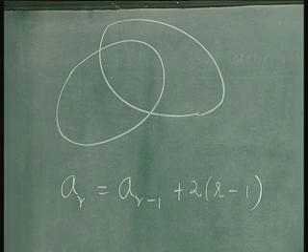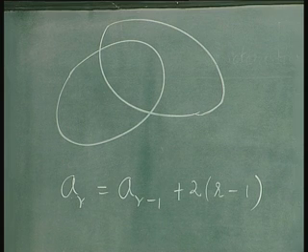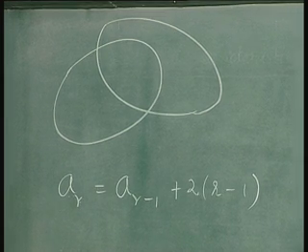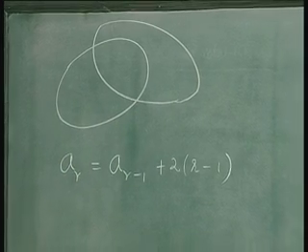Let us consider a few more examples and solve them by using the method of generating functions. Let us consider the same example which we considered in the last lecture. a_r is the number of regions into which the plane is divided when you draw r ovals, each oval cutting every other oval in 2 points.